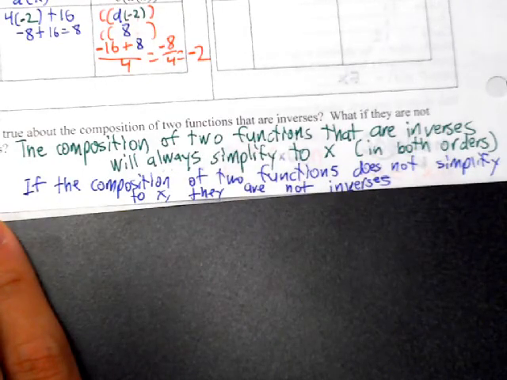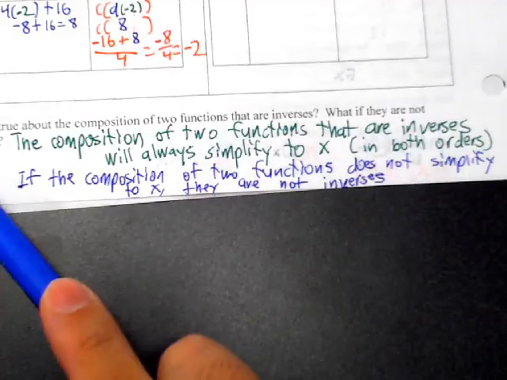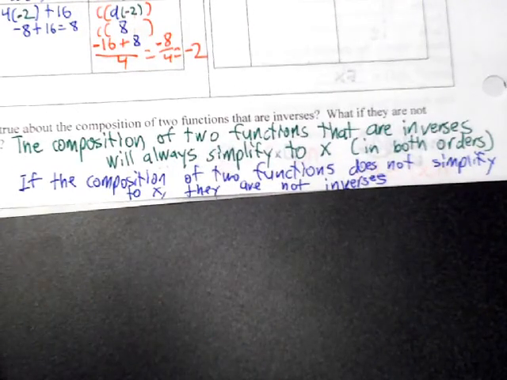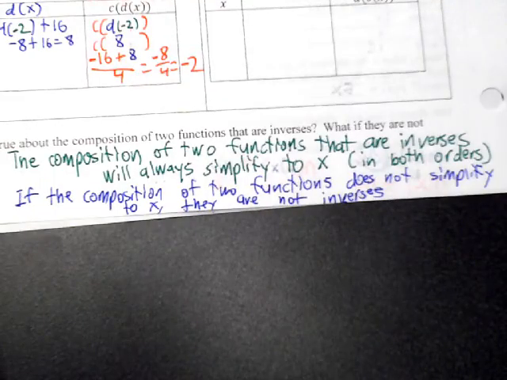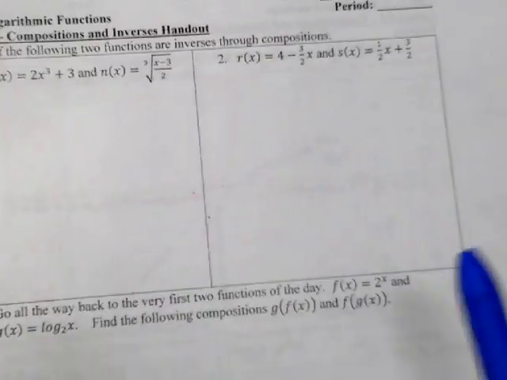Let's go ahead and turn to the third page now. Instructions: determine if the following two functions are inverses through compositions. So do not switch x and y. That's not our current learning target.